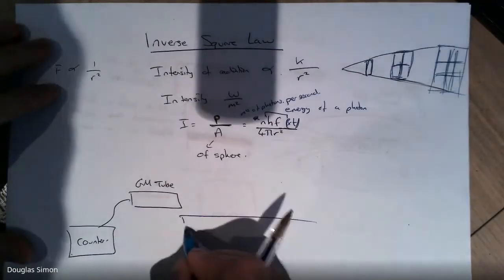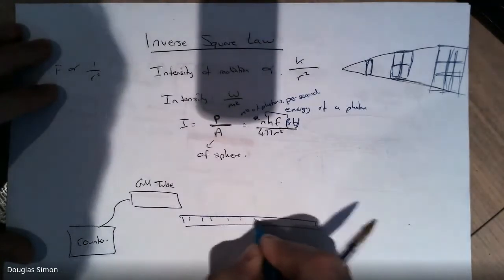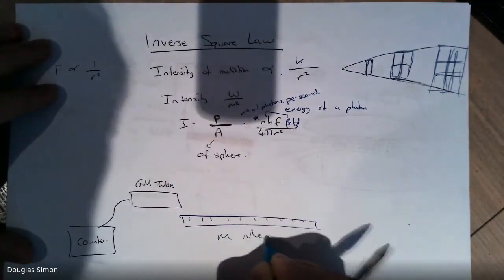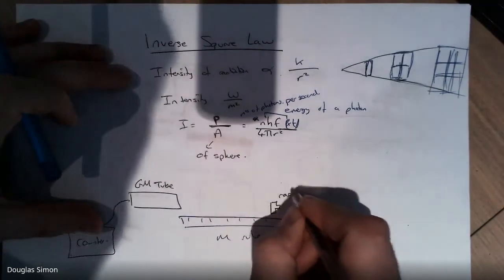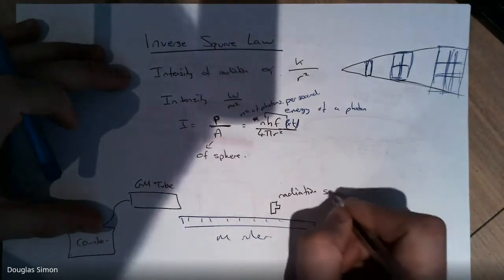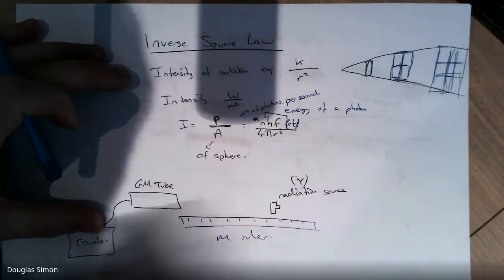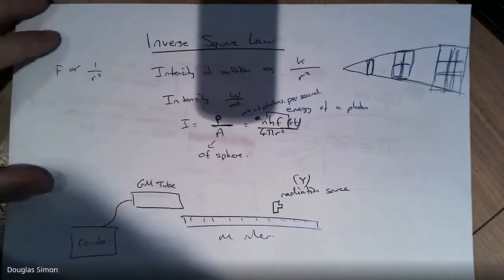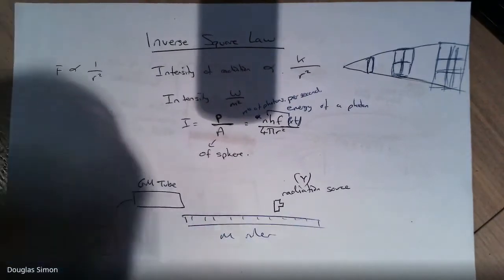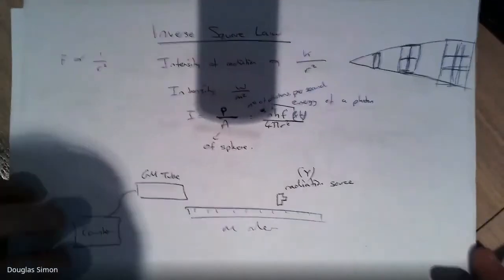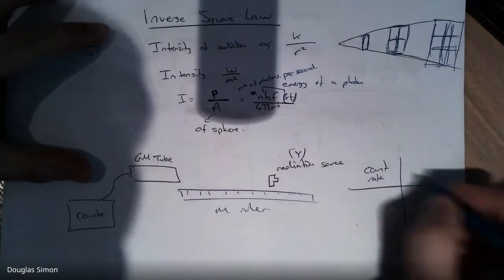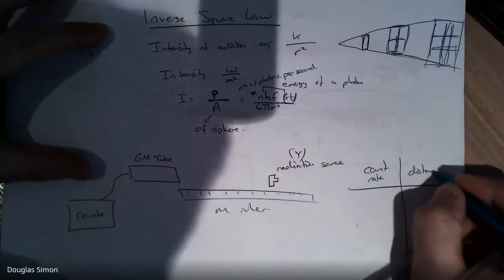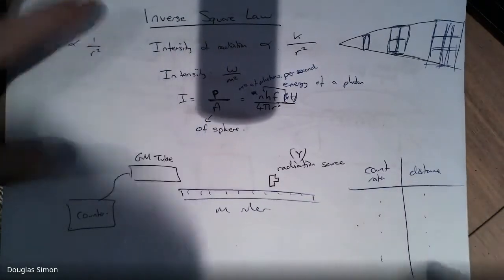And then we have a meter ruler, and then we have our radiation source, which is gamma. And then we are simply doing a count rate versus distance.